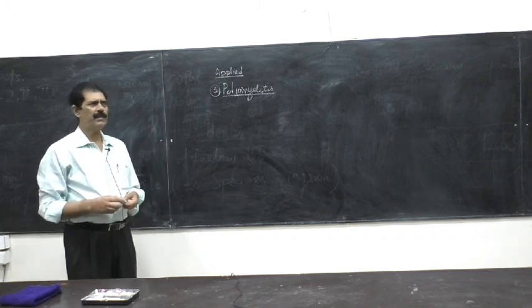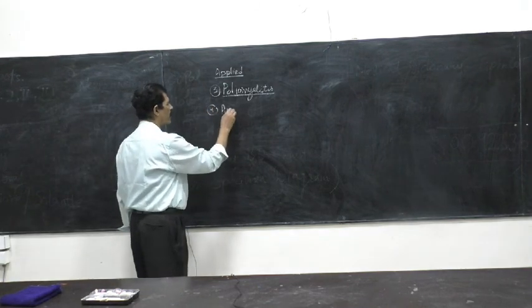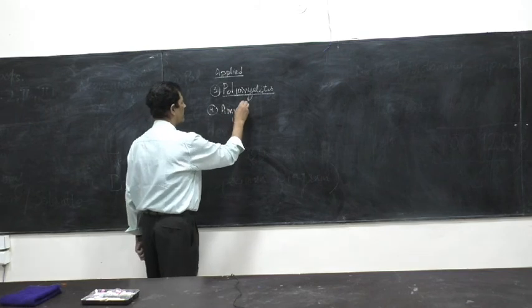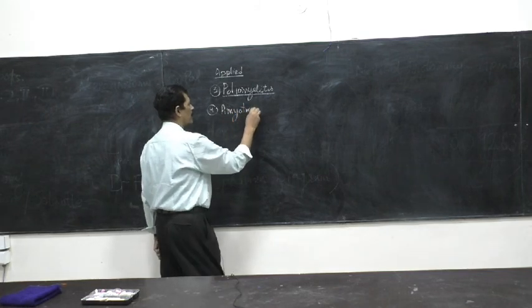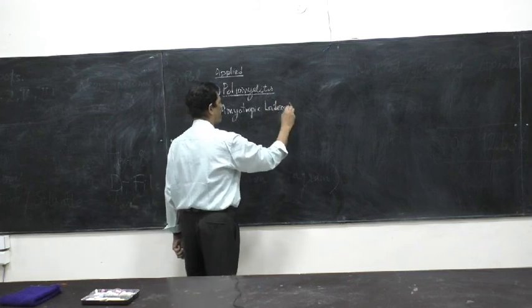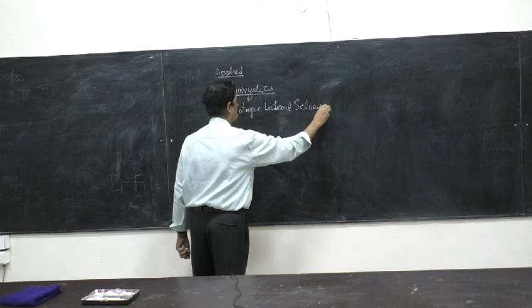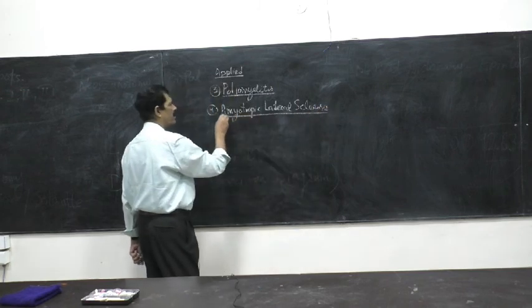Another related disease is amyotrophic lateral sclerosis. So in this disease, what happens?